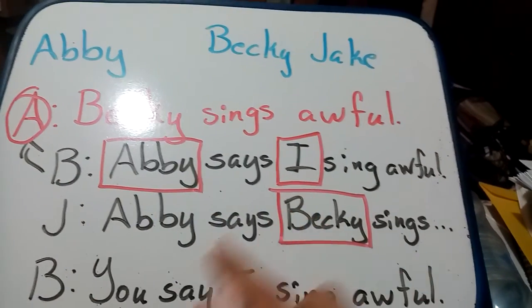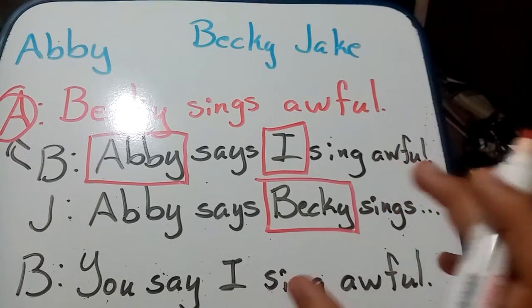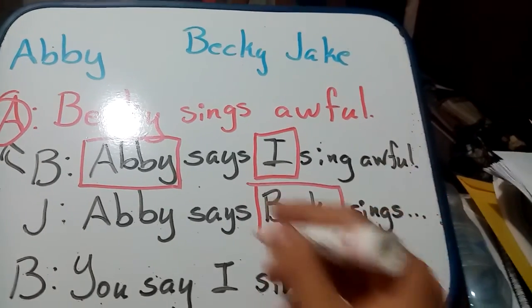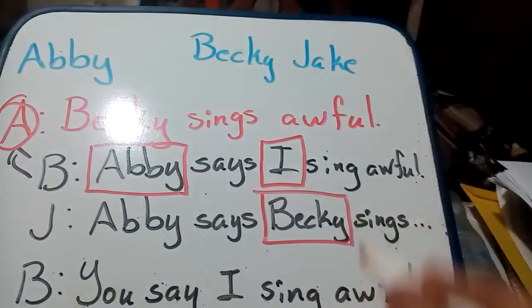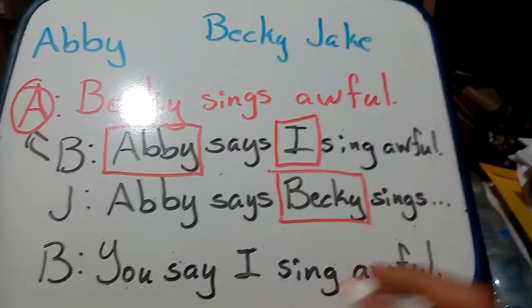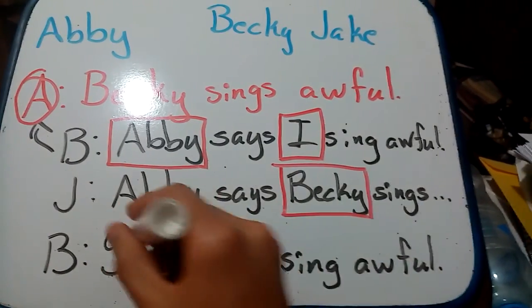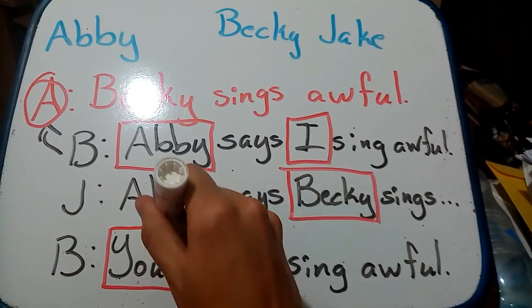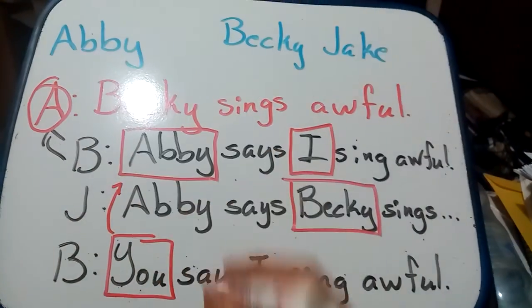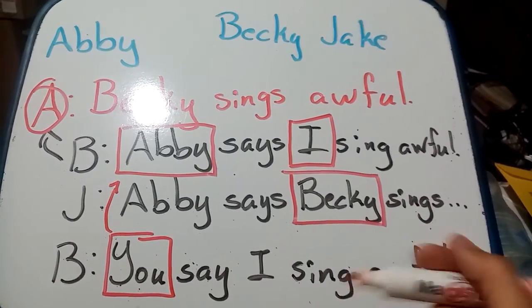Okay, so remember, after my verb, I need to have who is going to receive the first commentary. Yeah, who is going to receive the information. And in the last one, we can see that you, in this case, this you refers to Abby as well. But in this case, Becky is speaking to Abby.